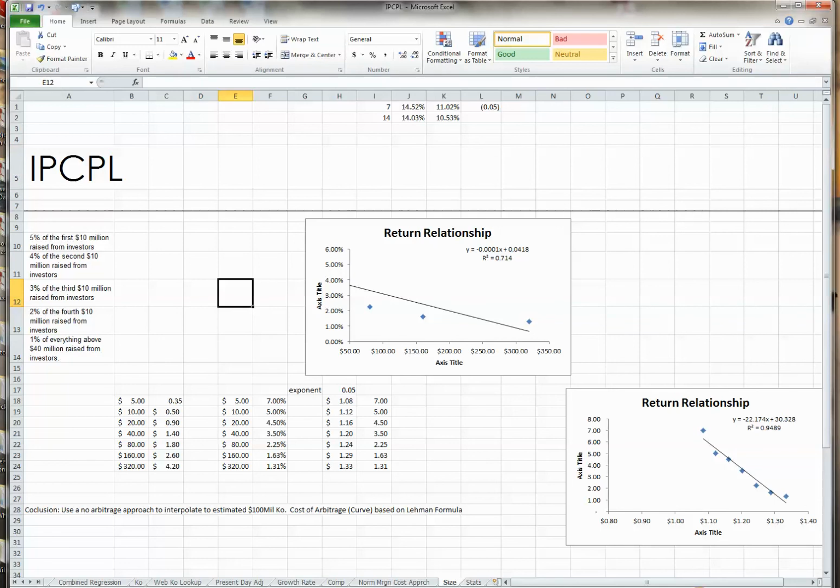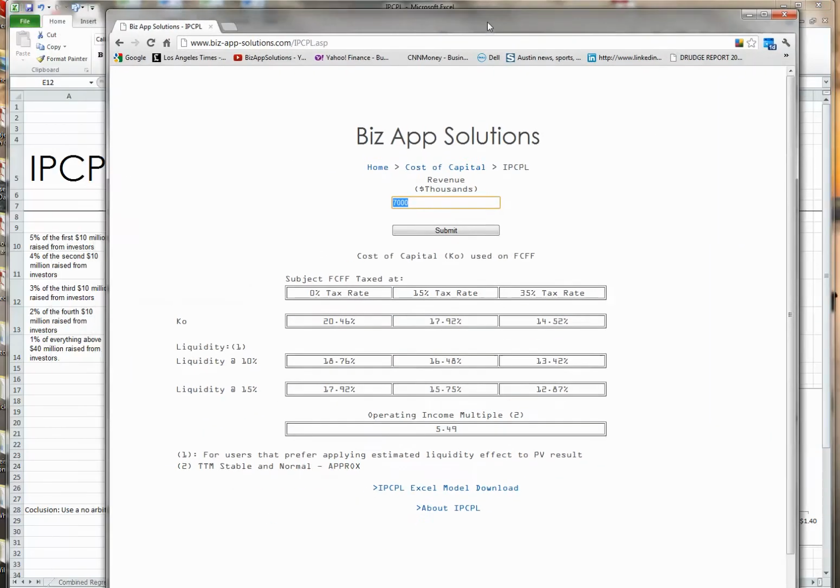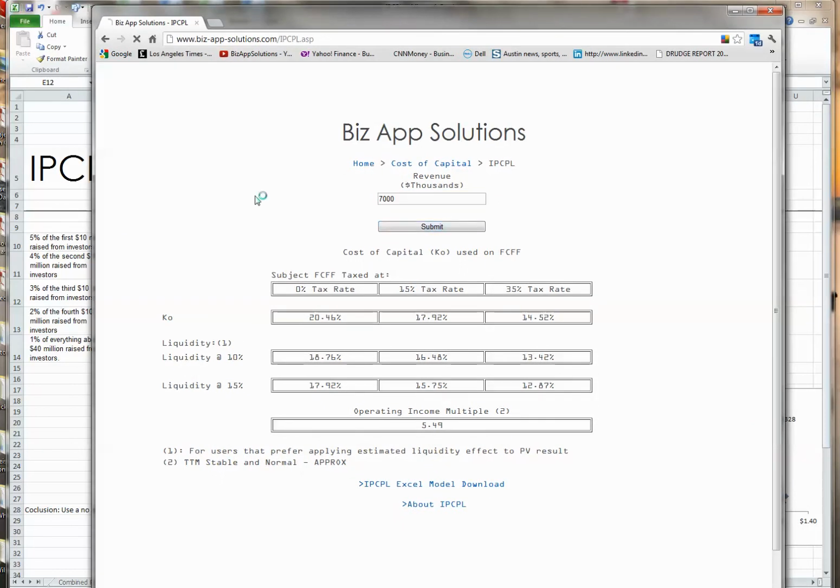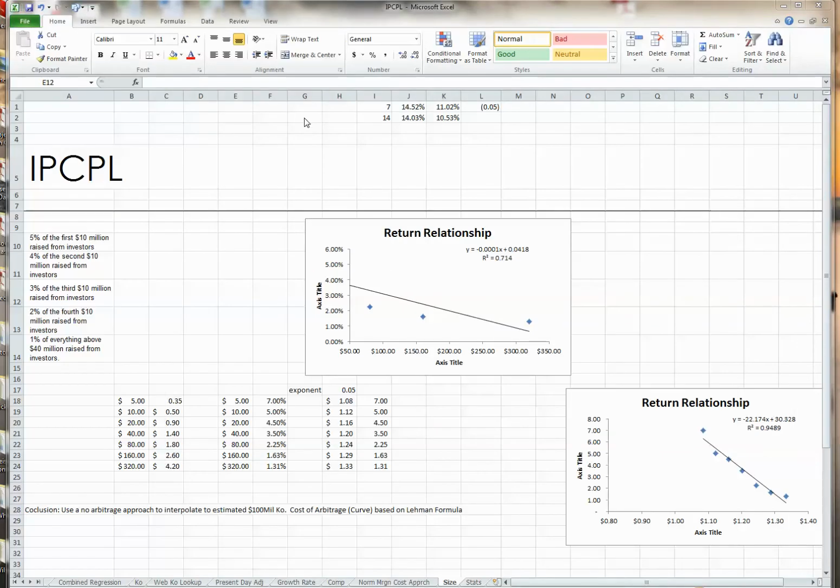So what we did is we did a test just to see how close it was. So here is our model. If you plug it in, 7 million is 14.52 on an after corporate tax equivalent. Change it to double, 14 million. If one company bought another company just like it and doubled its size, its cost of capital would be lower, down to 14.03. So here's that change, 14.03 to 14.52, implying that the company decreases in value.